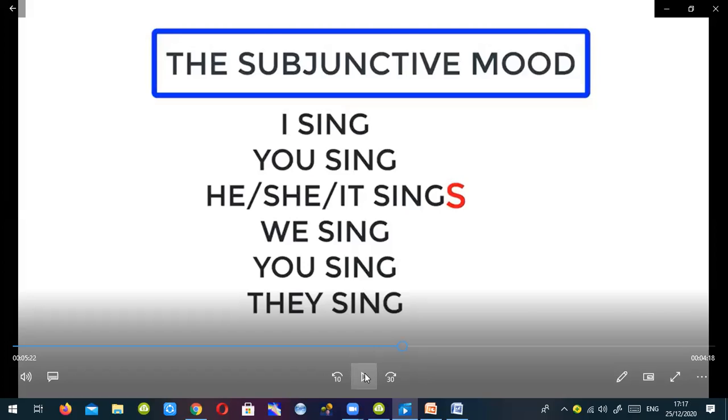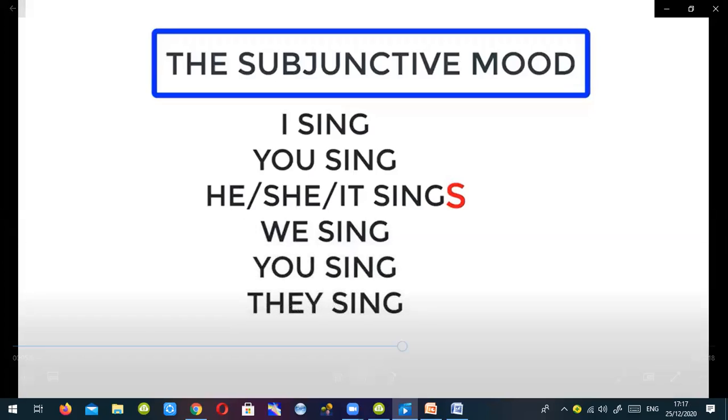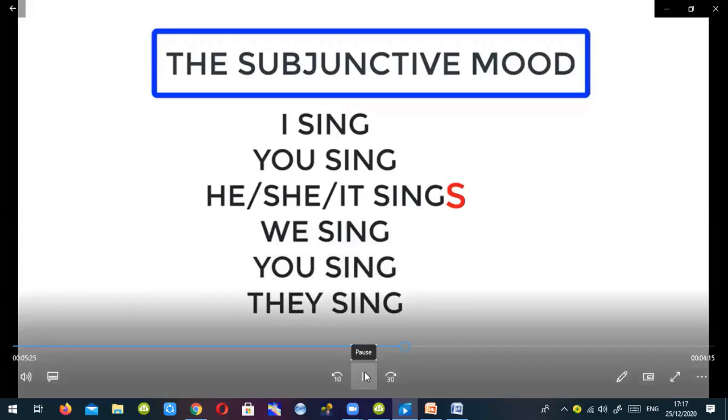According to what? According to person, singular and plural. For example, here also: I sing, and he, she, it also sing, not sings, right? Did you get me? You can see some more examples.